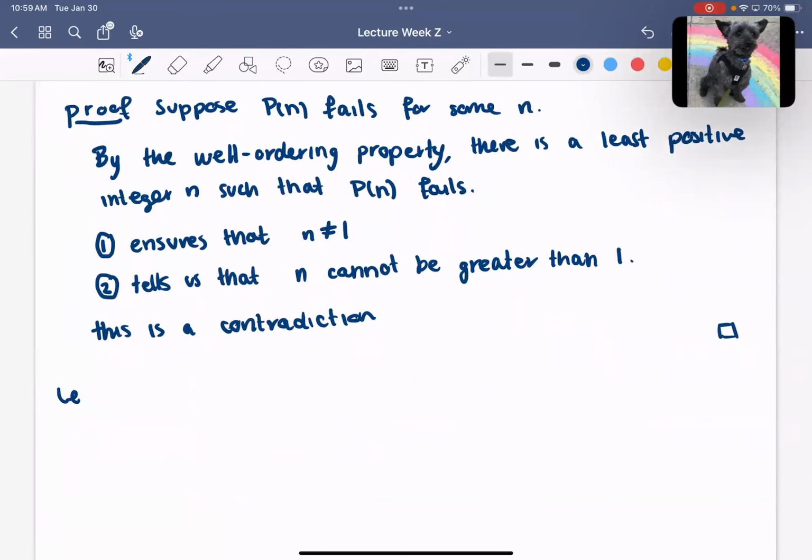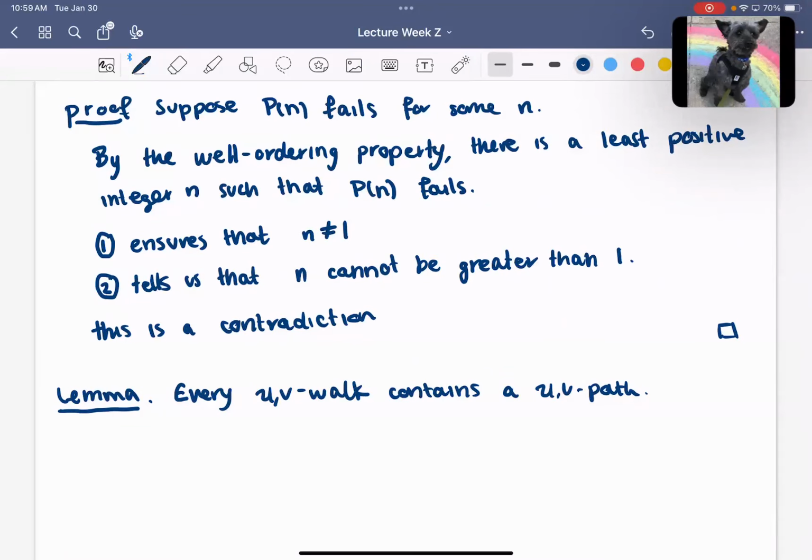So the lemma said that every UV walk contains a UV path.